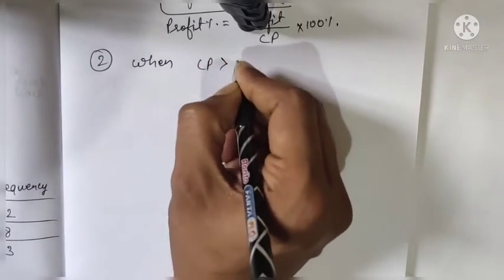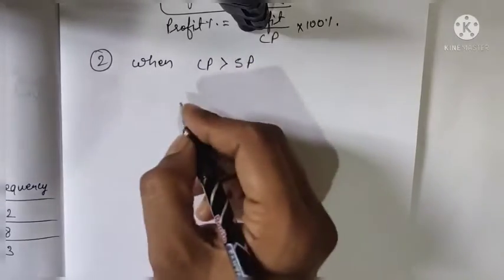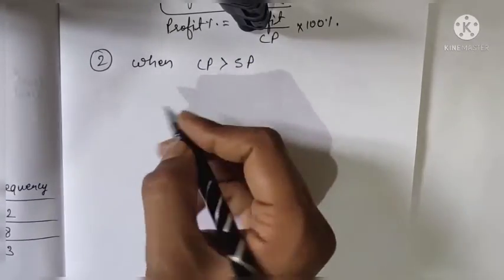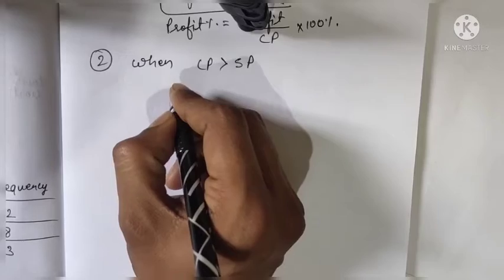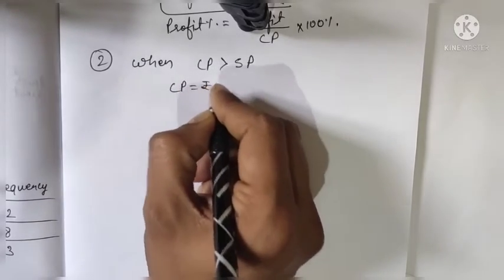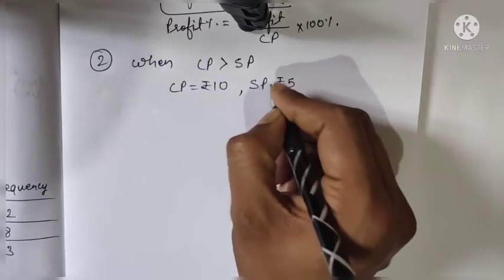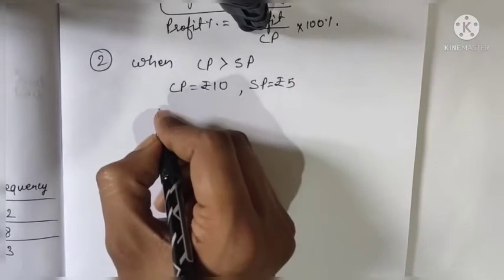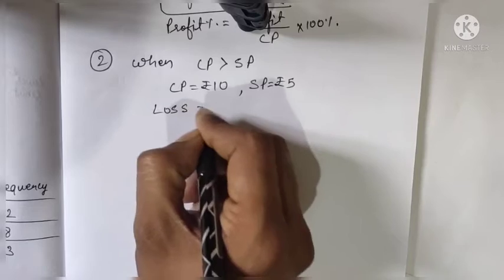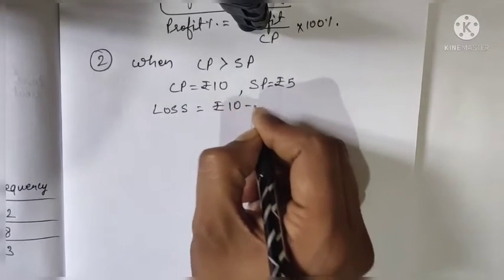Now when CP is greater than SP, then what happens? Like in the previous example, suppose your mom gave you only ₹5, so CP was ₹10 and SP was ₹5, so clearly you had a loss in this. And how much is the loss? Loss will be equal to ₹10 minus ₹5.